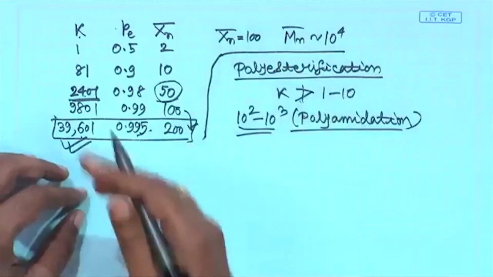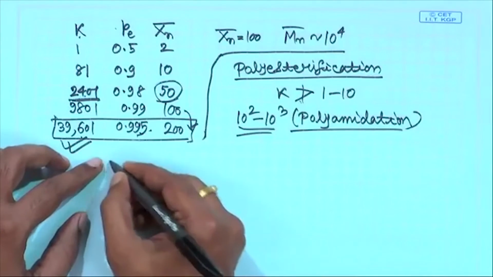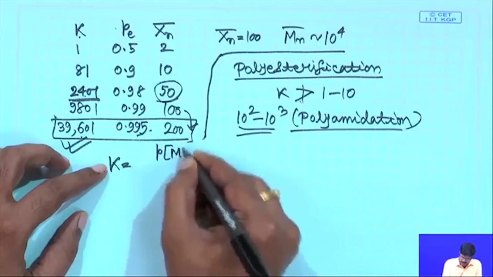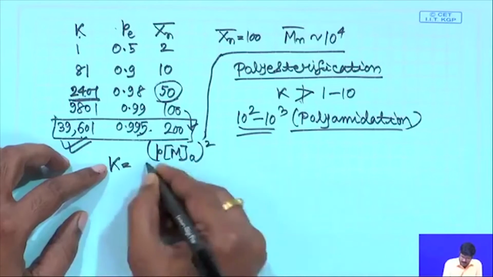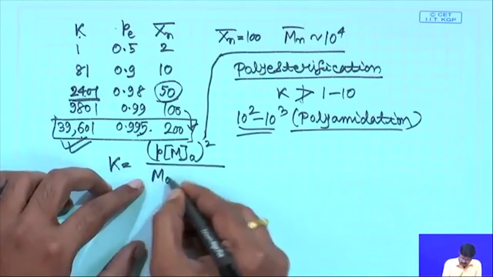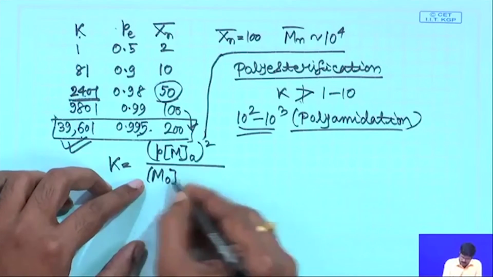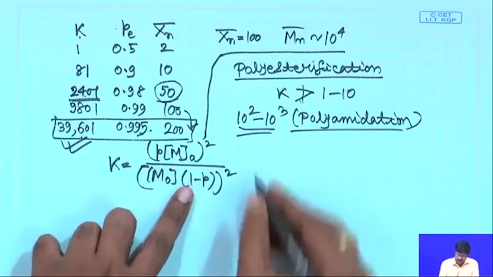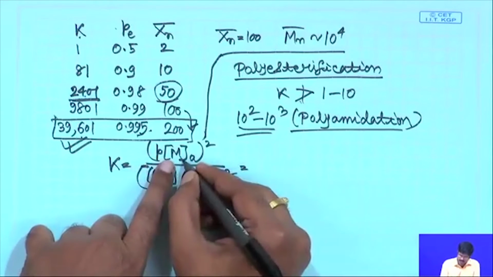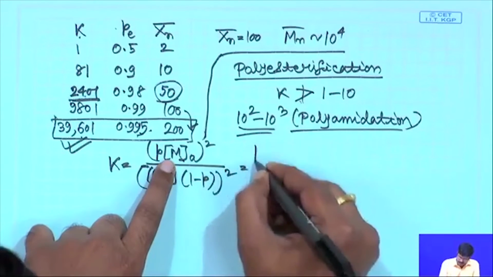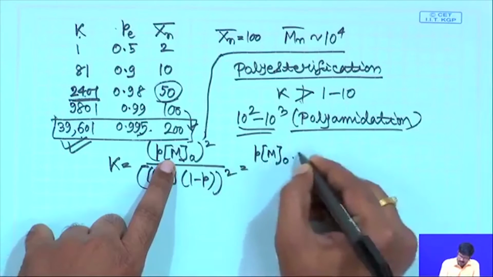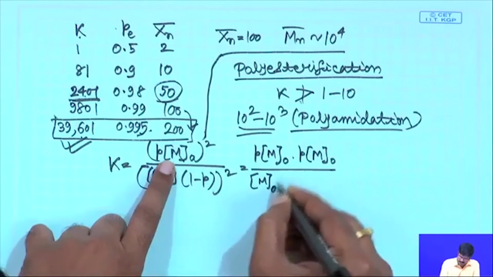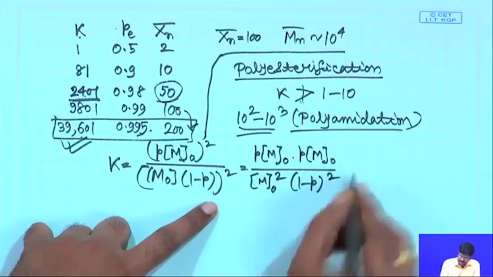So, if you do the same analysis for an open system, then your expression is something like this, your equilibrium constant, the same equilibrium constant expression. Until now I am not modifying anything, it is like this, m0 into (1 minus p) whole square. Now, here your Pm0 is basically, so you have Pm0 into Pm0 divided by m0 square into (1 minus p) square.